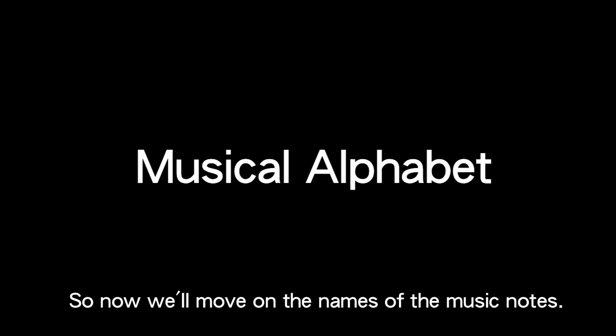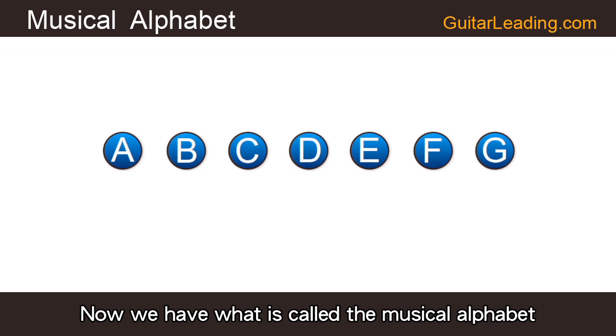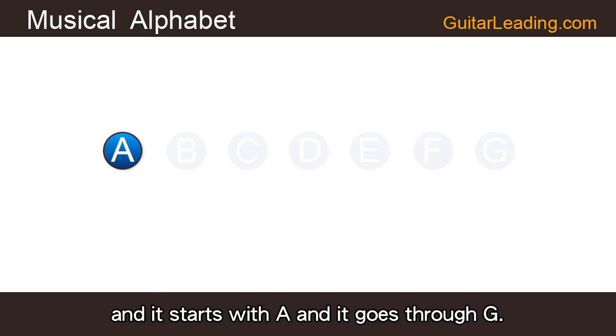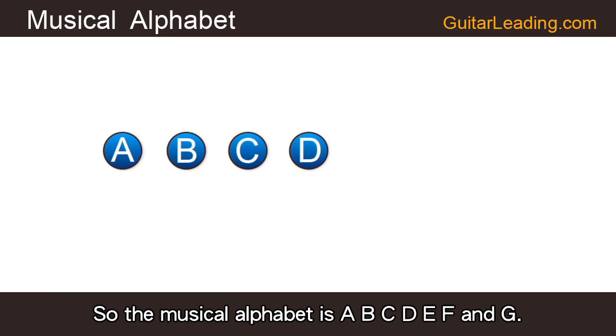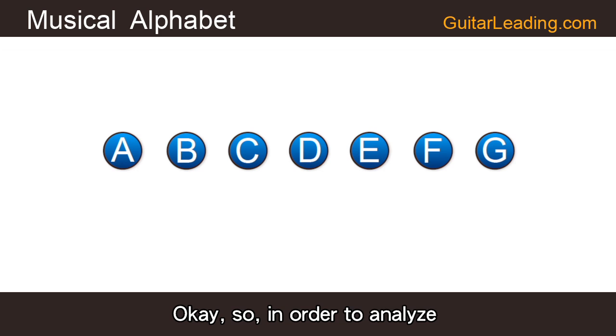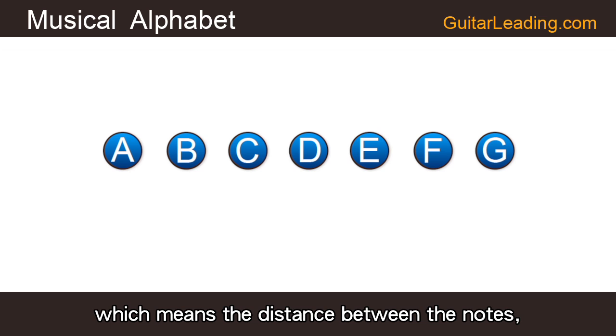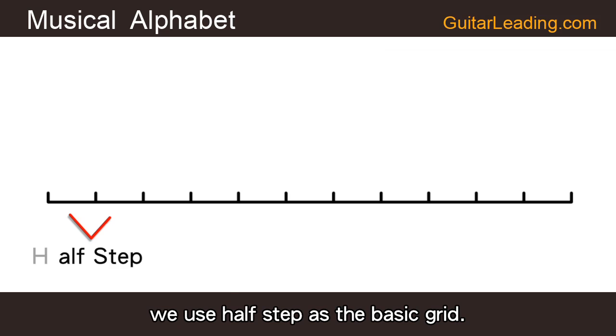So now we'll move on to the names of the musical notes. We have what is called the musical alphabet, and it starts with A and goes through G. So the musical alphabet is A, B, C, D, E, F, and G. In order to analyze the intervals of the musical notes, which means the distance between the notes, we use half steps as the basic grid.